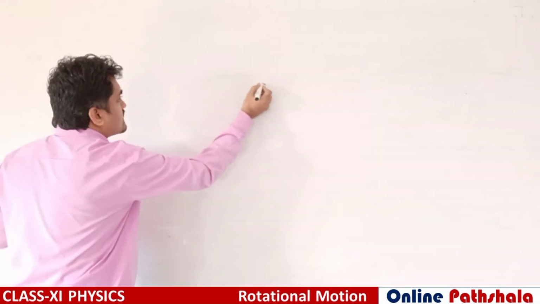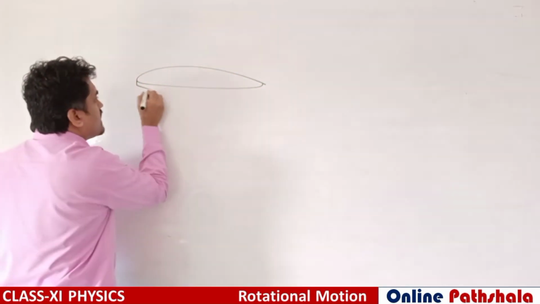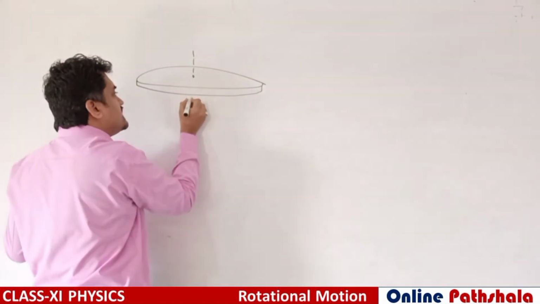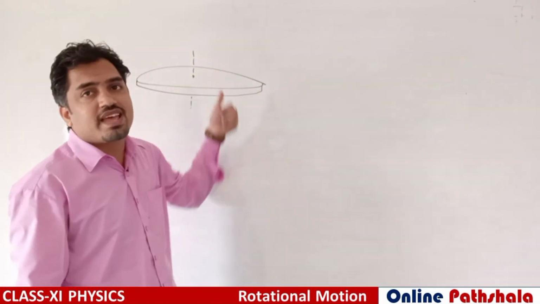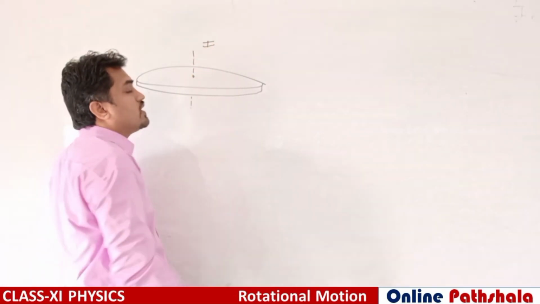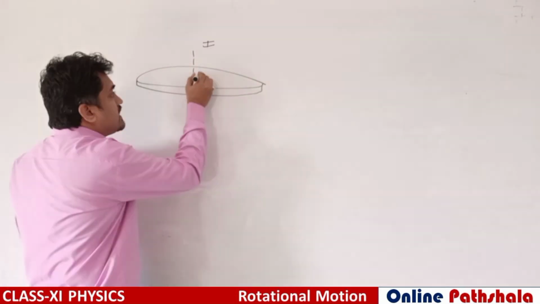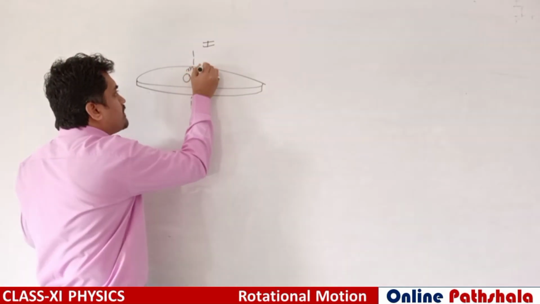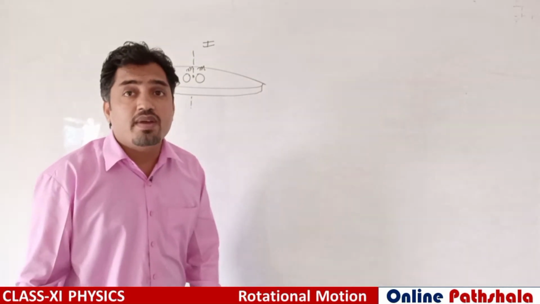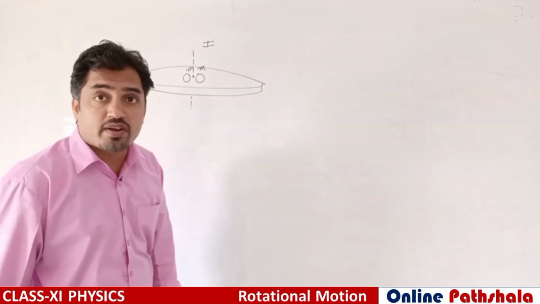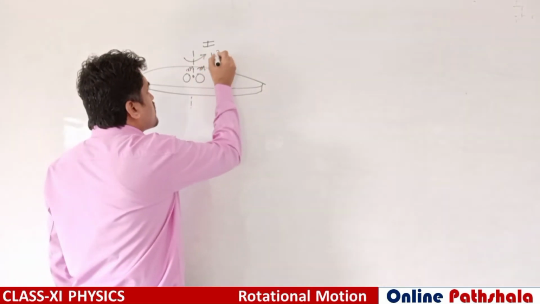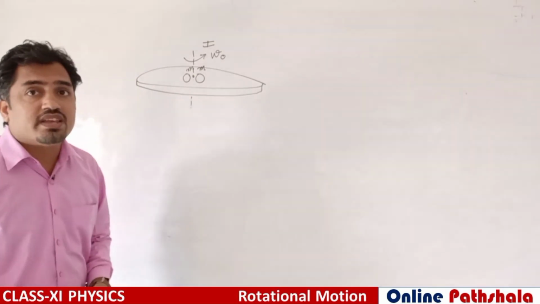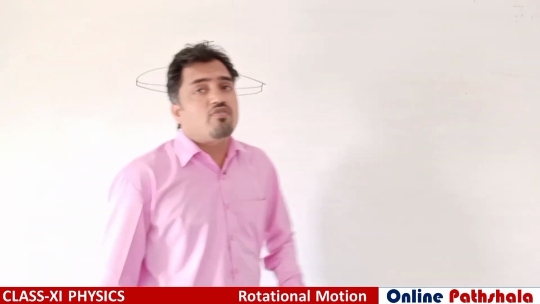One example: let us consider a circular platform which can freely rotate about its axis, having moment of inertia I. Initially two balls of mass m are placed at the center of this circular platform, and the platform starts rotating with initial angular velocity omega naught. Then what will happen?